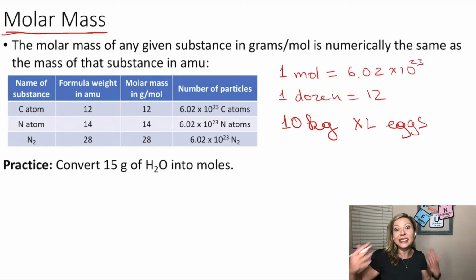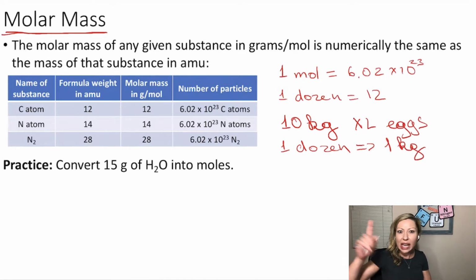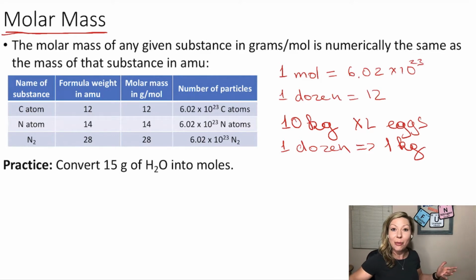But I got another piece of information. I know that 1 dozen of extra large eggs is actually going to weigh 1 kilogram. So, do I still have to go in and count the eggs one by one, or is there any other easier way to count how many I have? There is one, right?